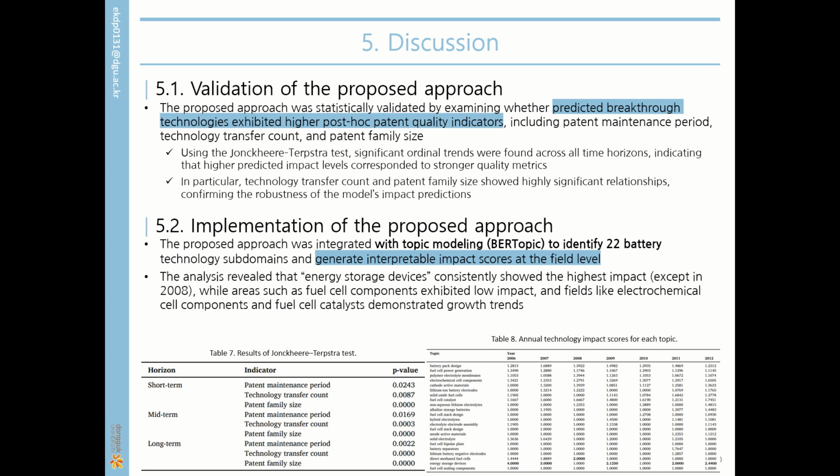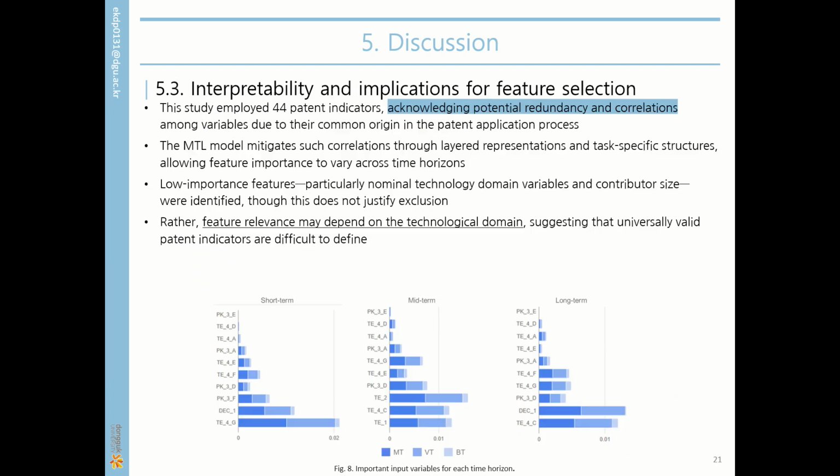These findings demonstrate that the proposed approach can also be applied to analyze technology impact at the field level. This section discusses the interpretability of the model and implications for feature selection.